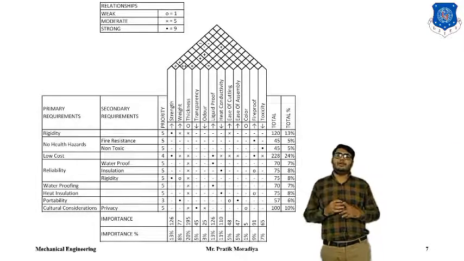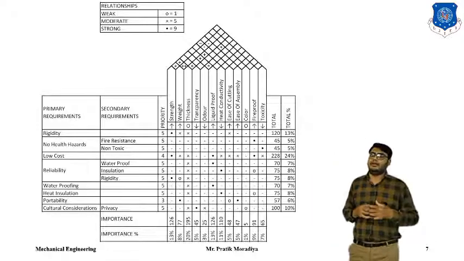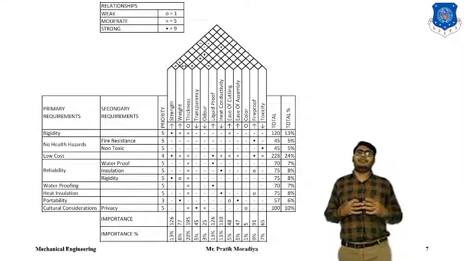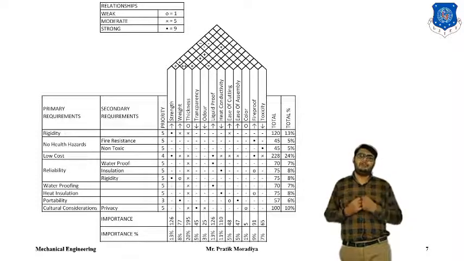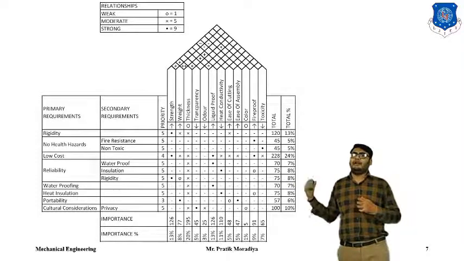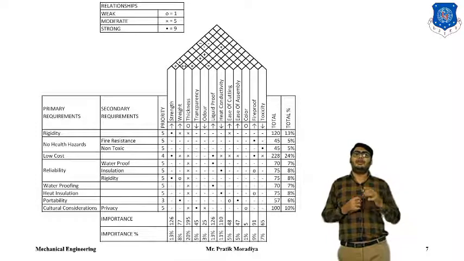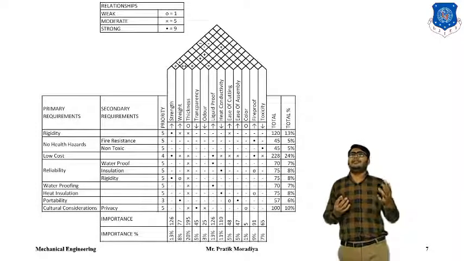And this is how we can analyze different things that change simultaneously, and we can find out the trade-offs that need to be made. Basically, house of quality is used for need prioritizing and finding out the trade-off areas, where the trade-offs are and how to deal with those trade-offs.